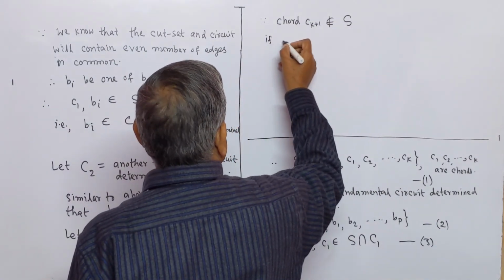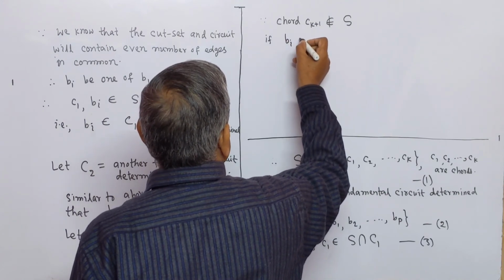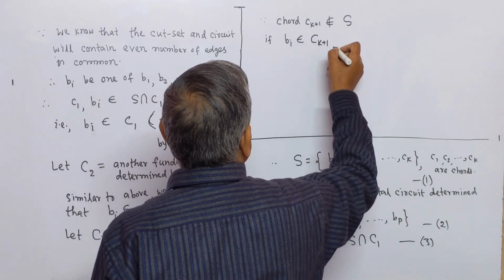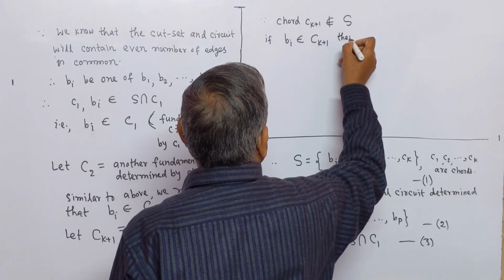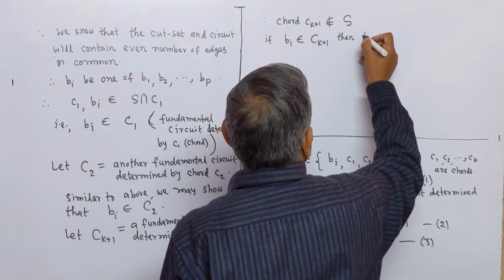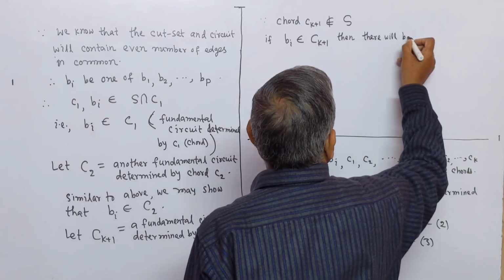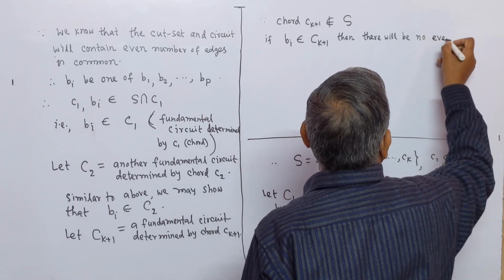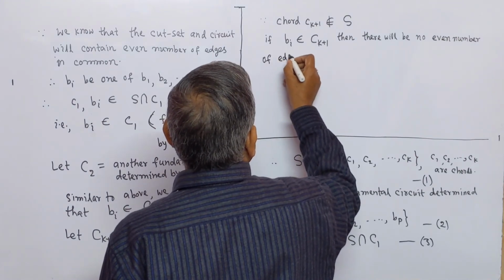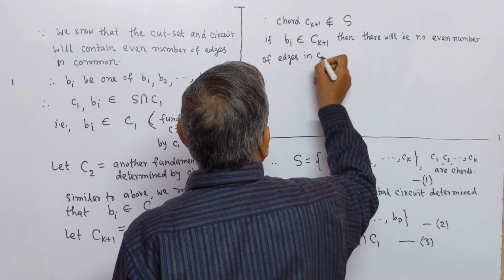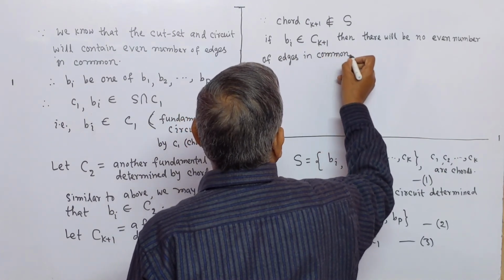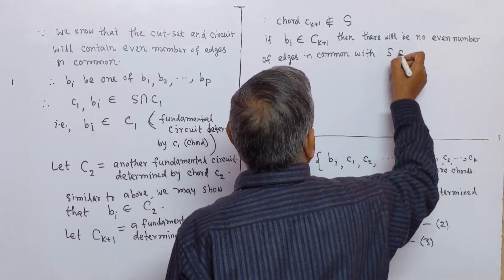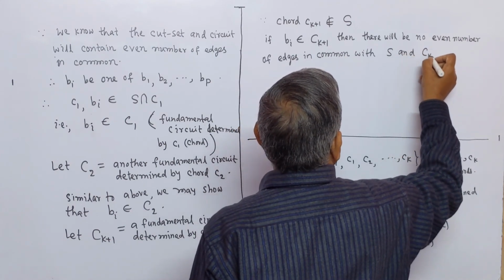if a branch Bi belongs to circuit Ck plus 1, then there will be no even number of edges in common with S and Ck plus 1.